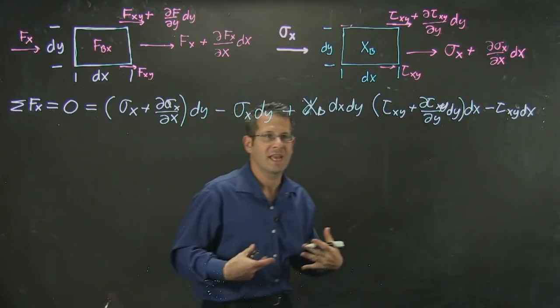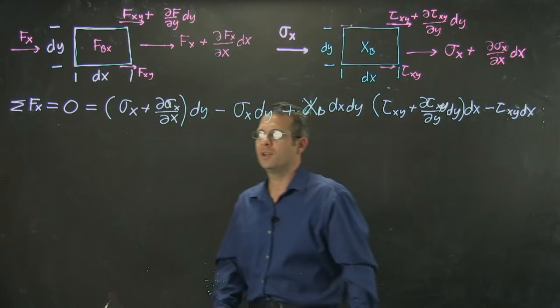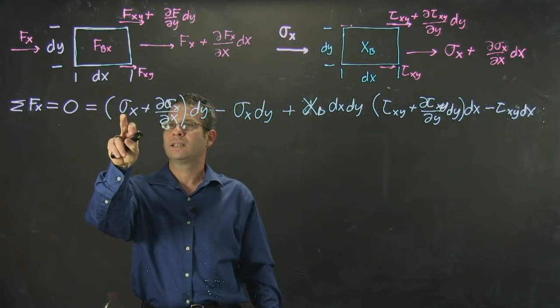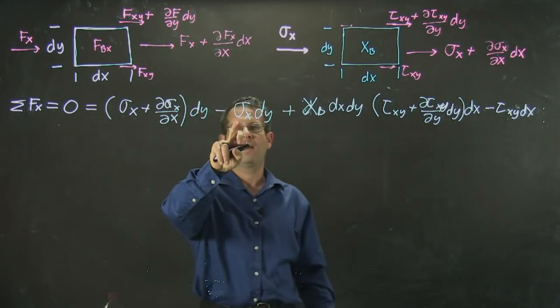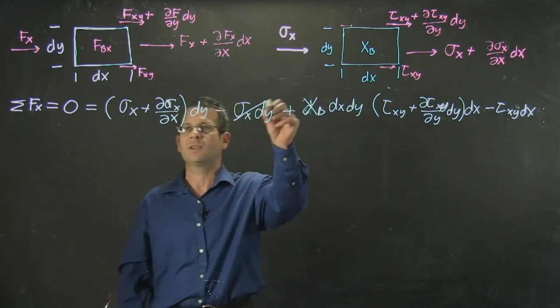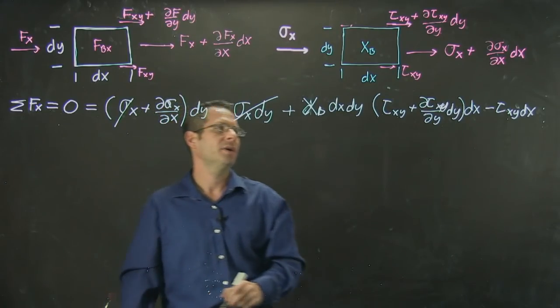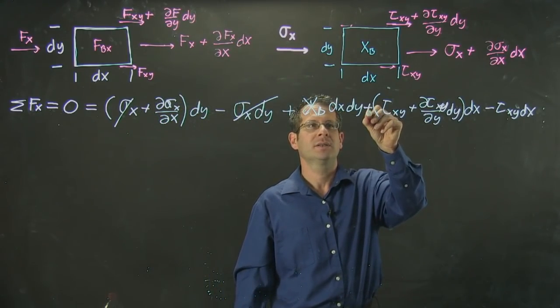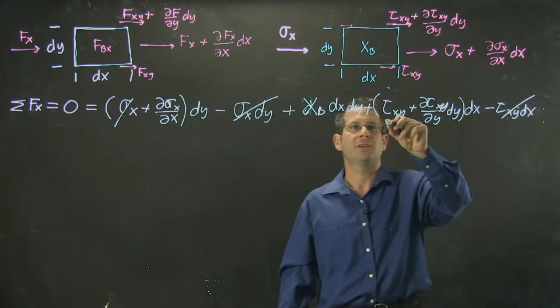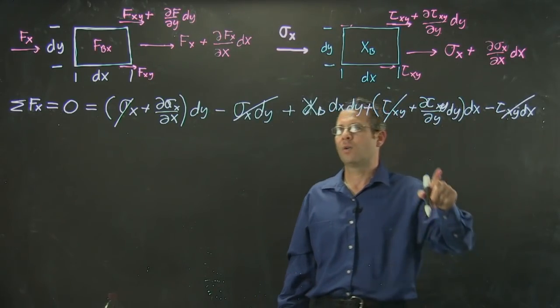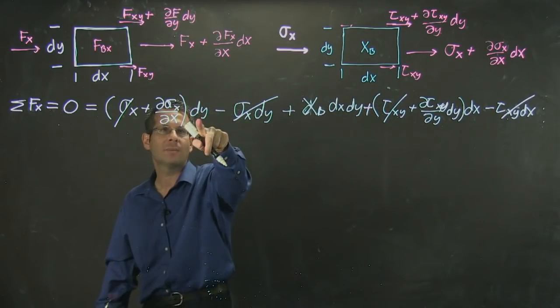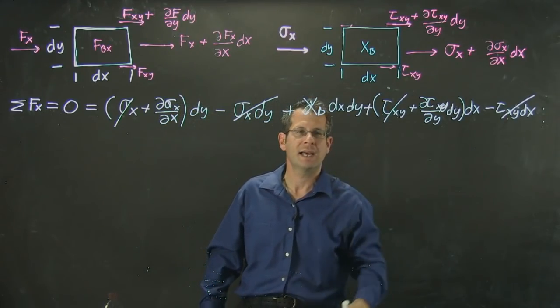Now, there's some simplification we can do, right? You'll see that I have a sigma x times dy, and I have minus sigma x dy. So these terms cancel out. Likewise, there should be a plus here. Likewise, these terms cancel out. Since this is multiplied by 0, some of these extra dy's I can get rid of.